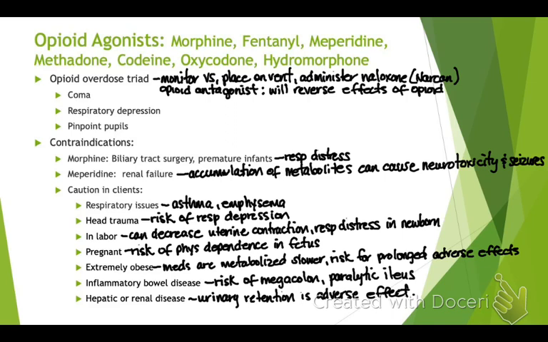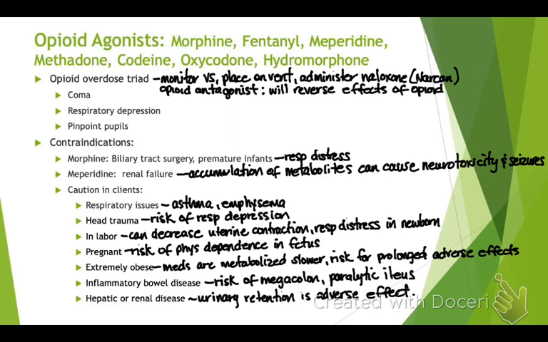Extremely obese patients, meds again are metabolized slower. With extremely obese patients, they have a risk for prolonged adverse effects because the metabolism is slower, so it's longer in their system. Inflammatory bowel disease, risk of the megacolon or paralytic ileus, so patients with bowel disease are more at risk of getting these.